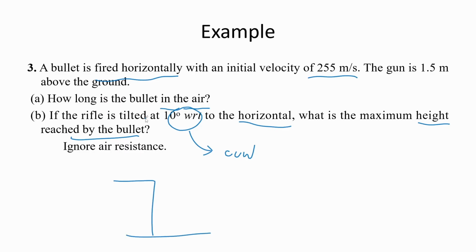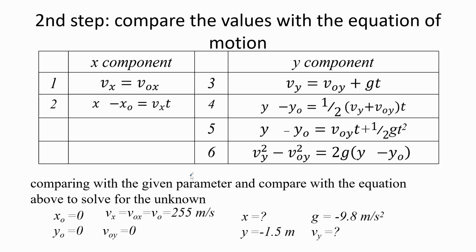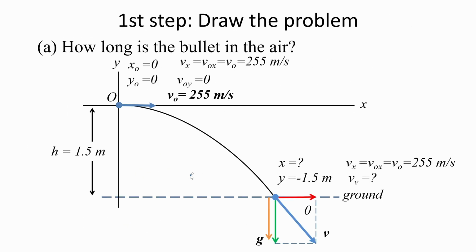The rifle is tilted at 10 degrees with respect to the horizontal. So the problem is not counterclockwise but clockwise. It points downward. Oh, is it downward? It's upward, sorry guys. The assumption is correct because it goes upward. But that's for letter B. For letter A, it's this one.